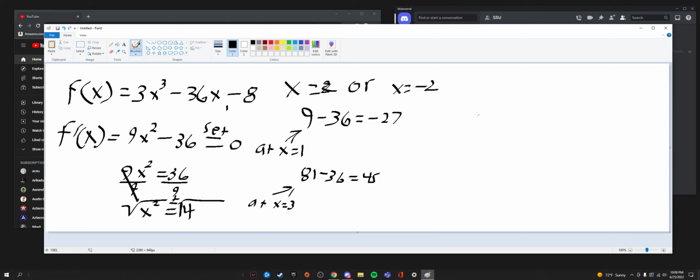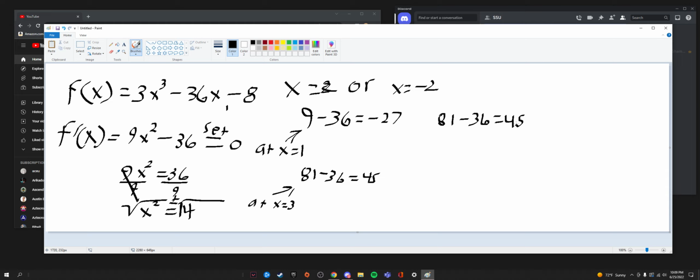Now, if we evaluate a point less than and greater than x equals -2, we'll do -3. Plugging -3 into that, we'll have 81 minus 36, and this gets us 45.